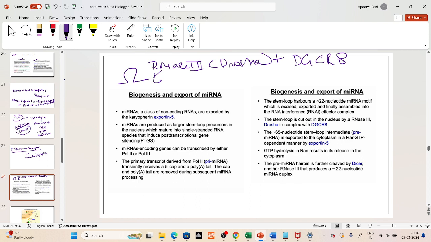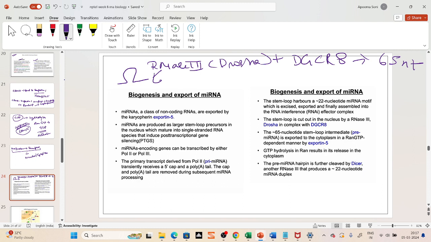So how are miRNAs formed? MicroRNA is nothing but a single stranded RNA which is present in a stem loop structure, which is acted upon by RNase 3, known as Drosha, in combination with DGCR8. This cut will produce a 65 nucleotide stem loop intermediate, which is known as pre-miRNA.